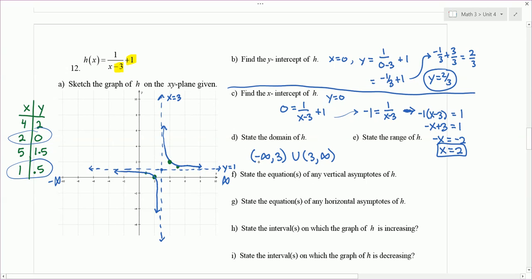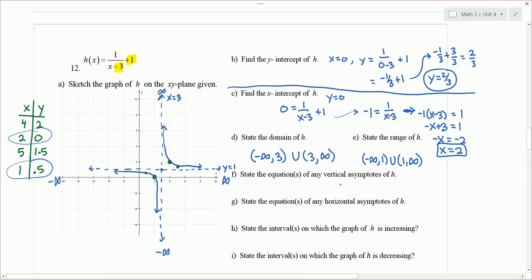So that's saying everything except for 3. State the range. Well, it goes as far down as negative infinity, as far high as positive infinity, but it's got a break at y equals 1. So you go low to high, so negative infinity all the way up to our break in the graph at a height of 1. Union, start back up at height 1 and move all the way up to infinity.